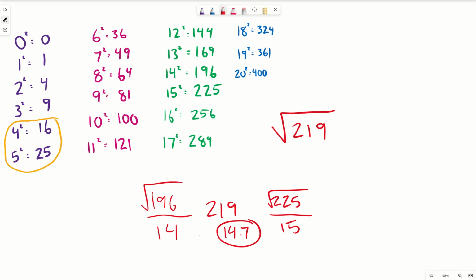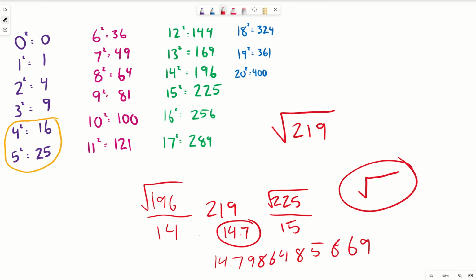We can use our calculator to check. Your calculator should have a square root button on it. You can check the square root of 219, and you would get, hey, that was pretty close again. The correct answer is 14.7986485869487, and it just continues. Square roots continue forever.